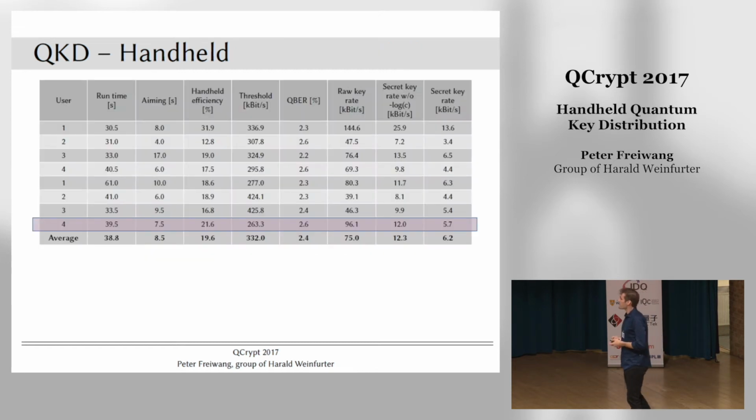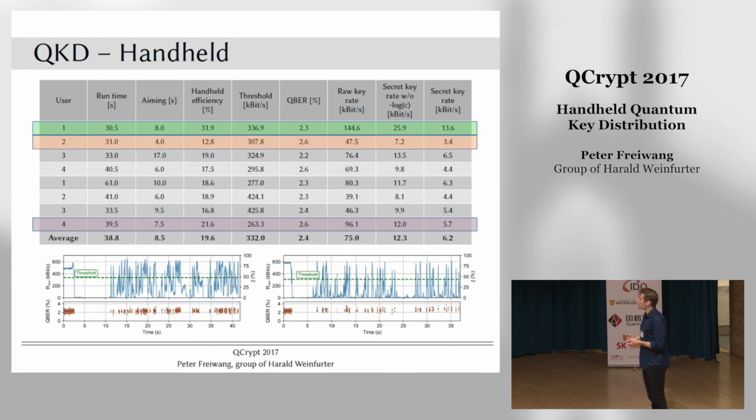So what you can see here is basically a table of results. I showed you the last one simply because it represents best the average values. I can also show you the best and the worst one.